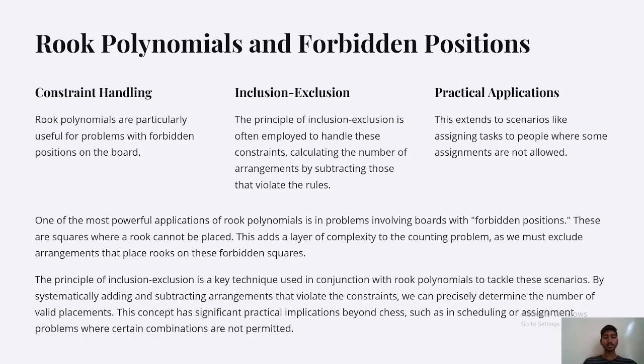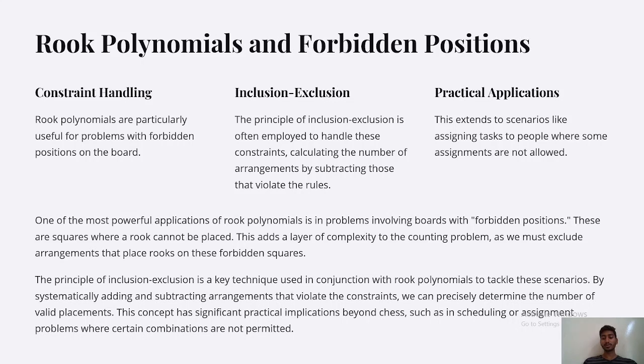One of the most powerful applications of the rook polynomial is in problems involving a board with forbidden positions. These are the squares where a rook cannot be placed. This adds a layer of complexity to the counting problem, as we must exclude arrangements that place a rook on a forbidden square. The principle of inclusion-exclusion is the key technique used in conjunction with the rook polynomial to handle these constraints by systematically adding and subtracting arrangements that violate them.